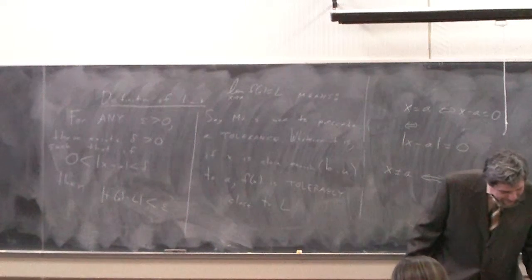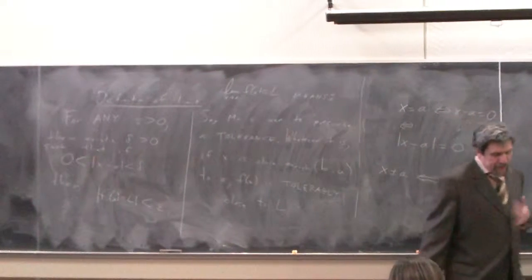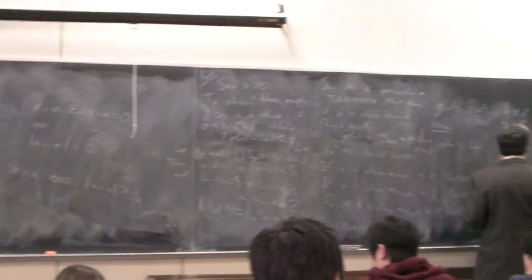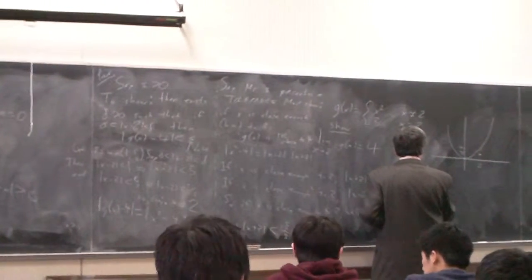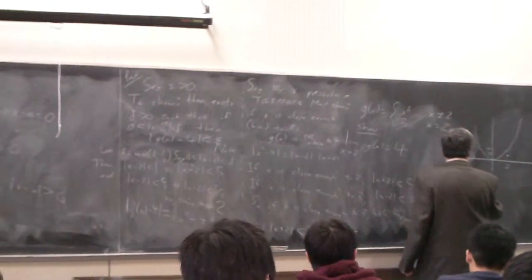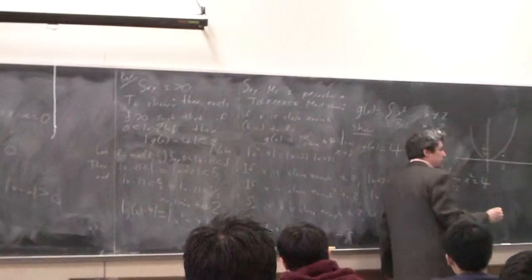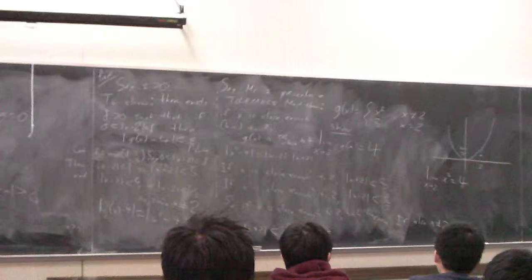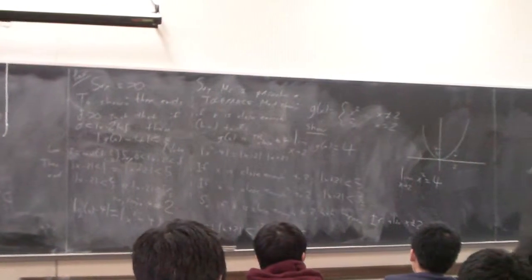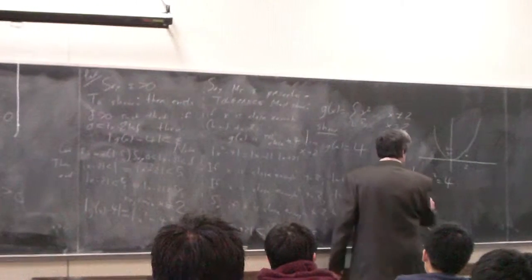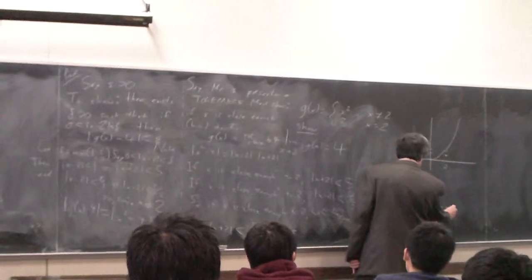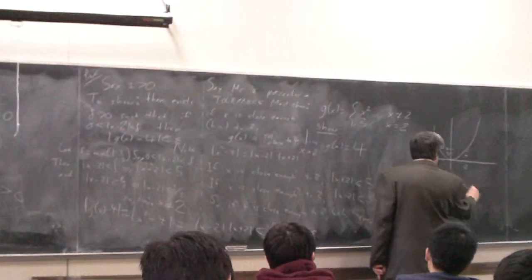So if we're doing the limit as x goes to 2 of x squared equals 4, the first column is this, right?